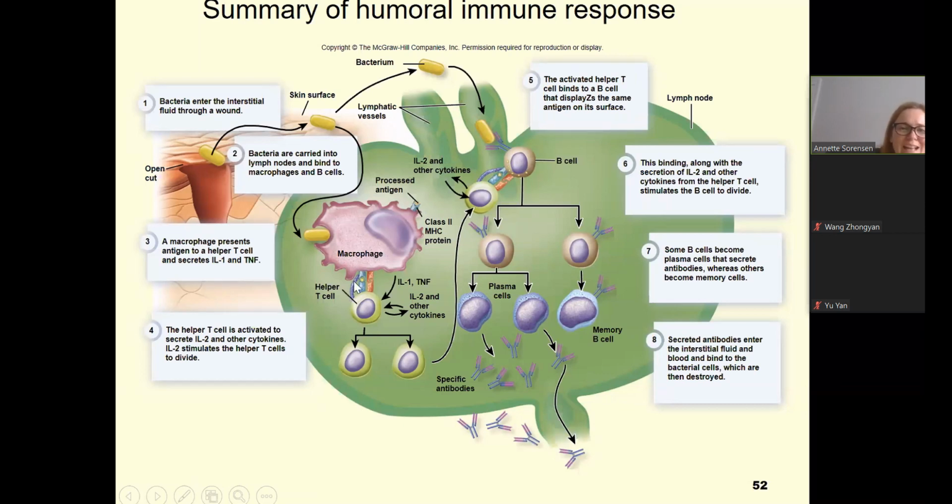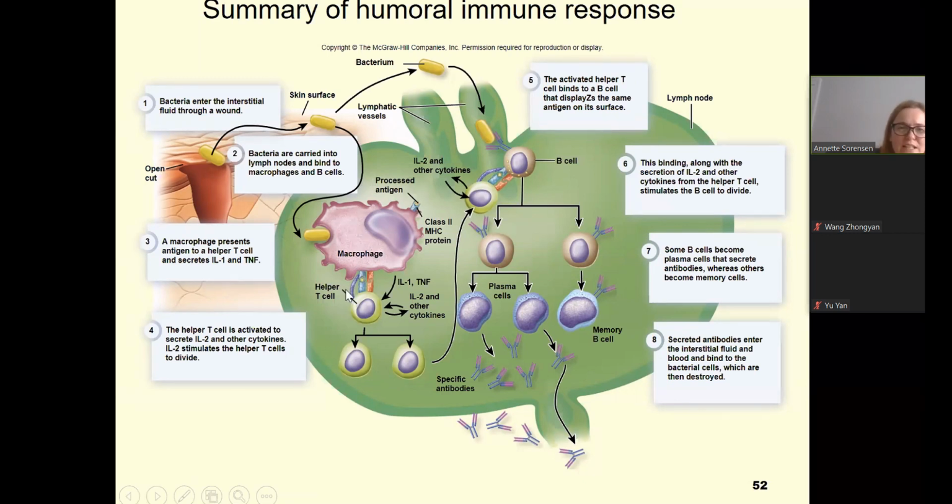Now that can be recognized by a T helper cell. The T helper cell can recognize that MHC class 2 protein with the antigen on it. So the T cell binds.